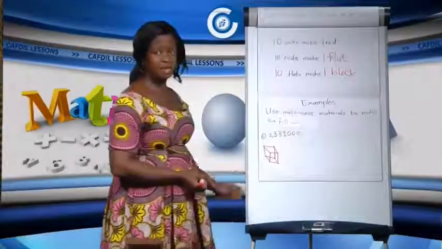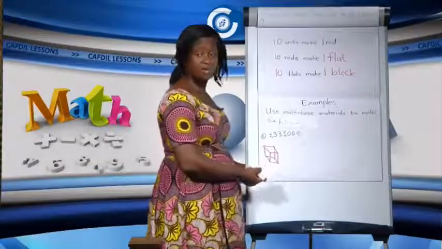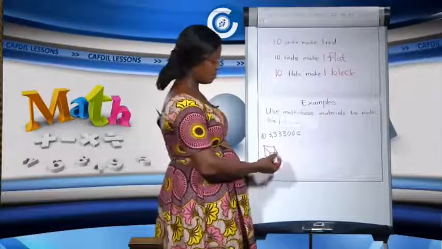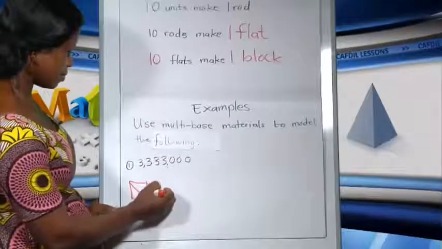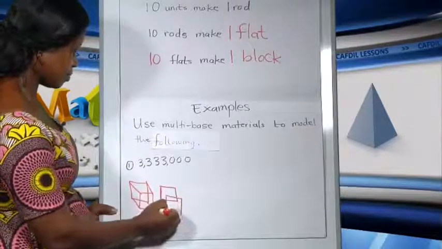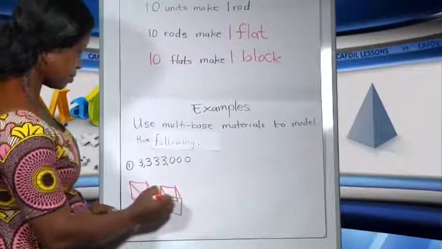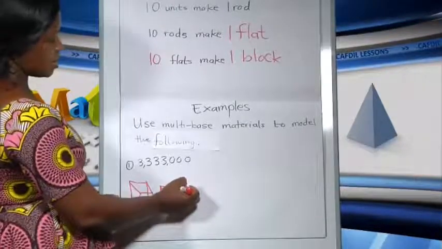Good, I have one here. One block. So how many blocks are we drawing? 3. So the first one, good. The second one and the third one.